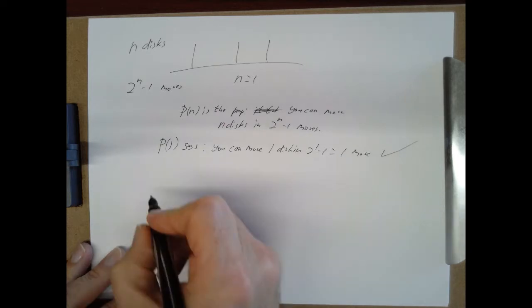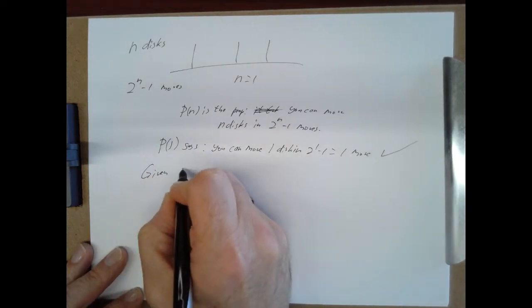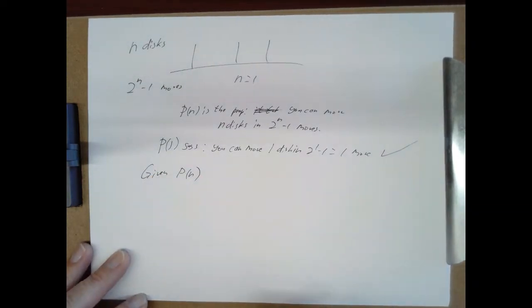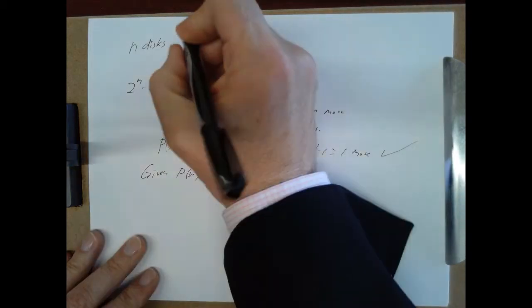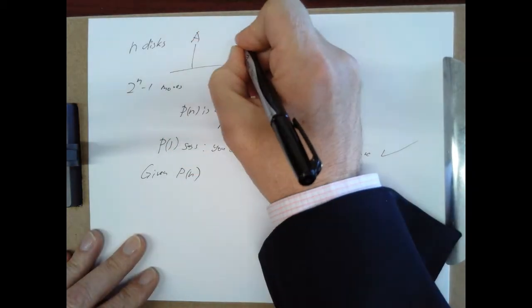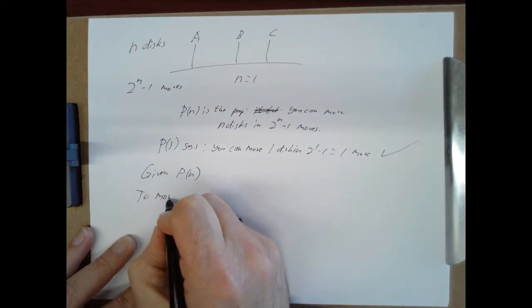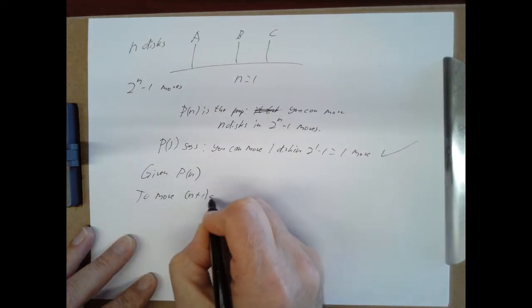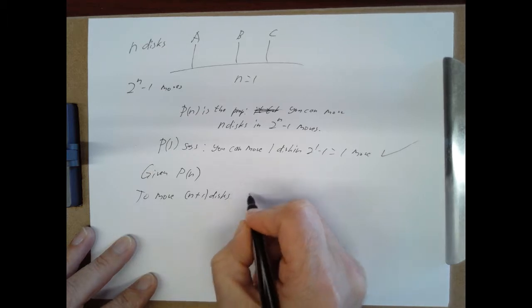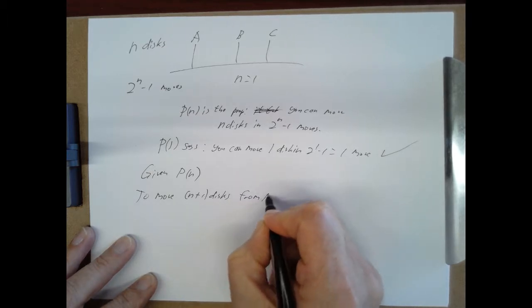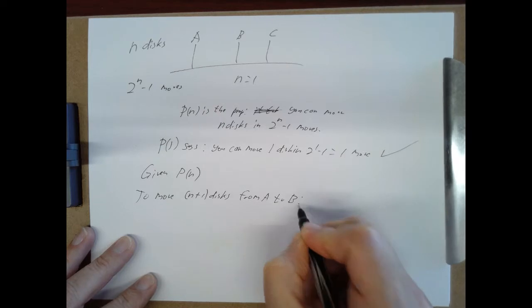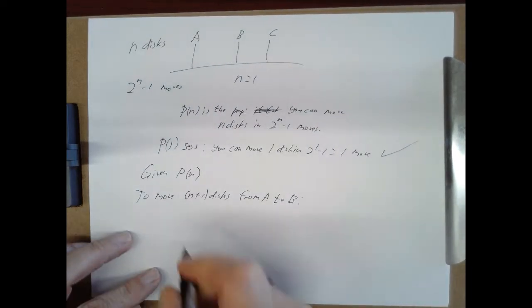And so given P of n, and let's call our posts A, B, and C. To move n plus 1 disks from A to B, here's what we can do.